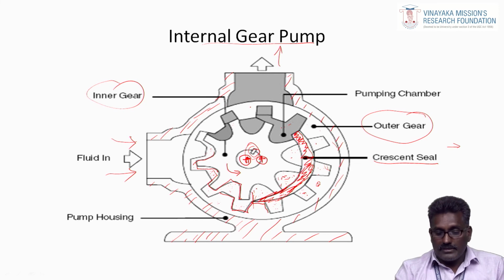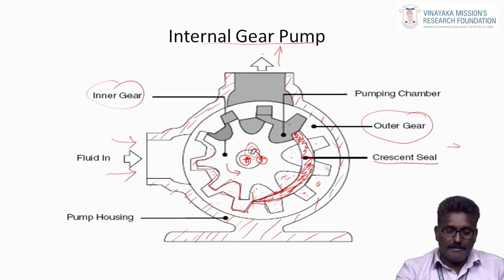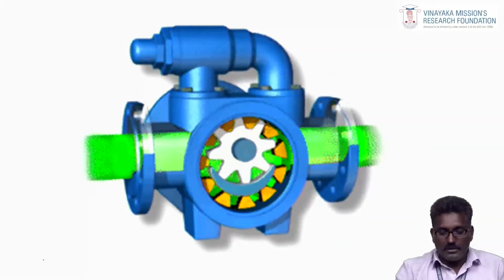As I said earlier, we are not connected to any load on the outlet side, just flow only is there. When we connect a load, the pressure builds in the pump, and that pressure is used to do useful work. Okay. See the animation of the working of this internal gear pump.